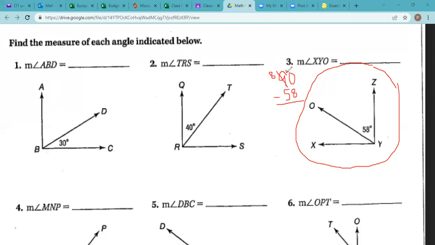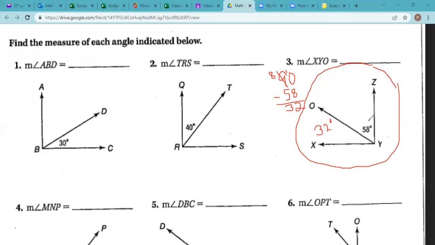Now you have 10 minus 8 is 2. 8 minus 5 is 3. So angle OYX is 32 degrees. If you take the sum of 32 plus 58, you should find that it's 90 degrees.